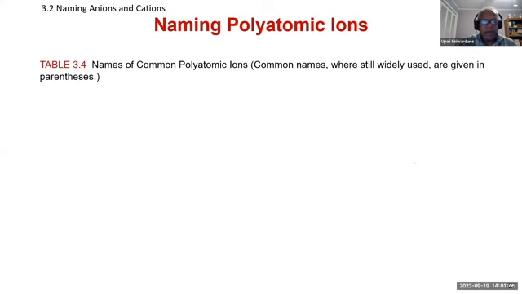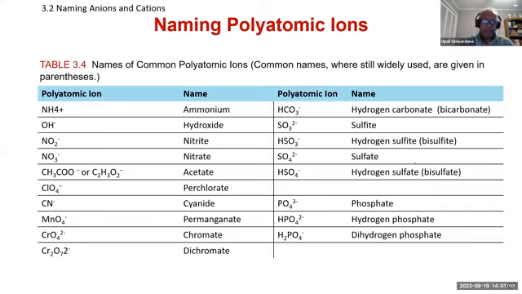Now there are ions. We talked about monoatomic ions, metal ions like magnesium, calcium, sodium, or monoatomic oxide, chloride, bromide, etc. Here is a list of names of different polyatomic ions.